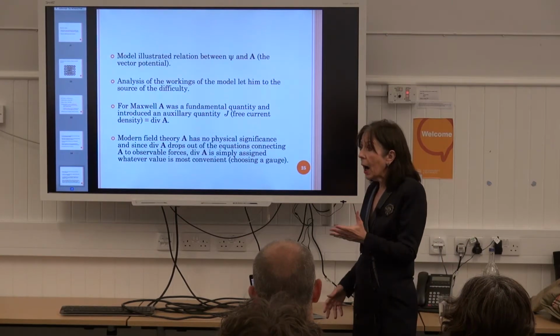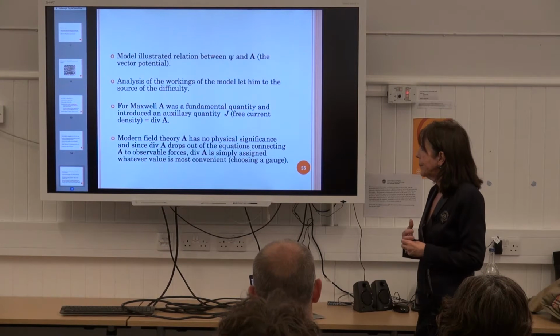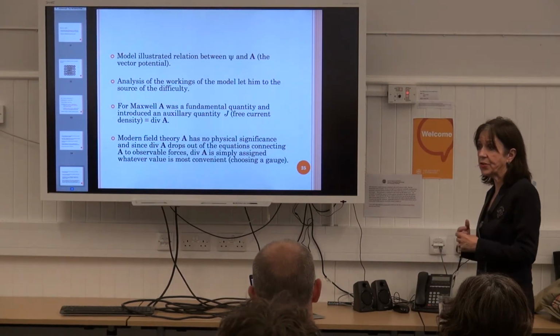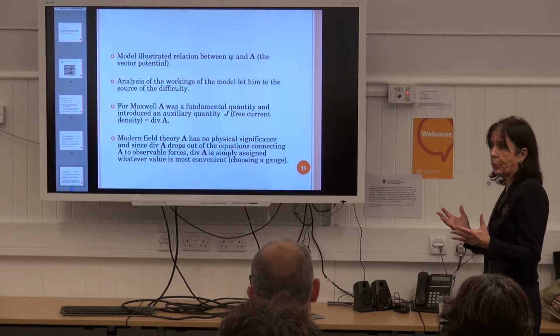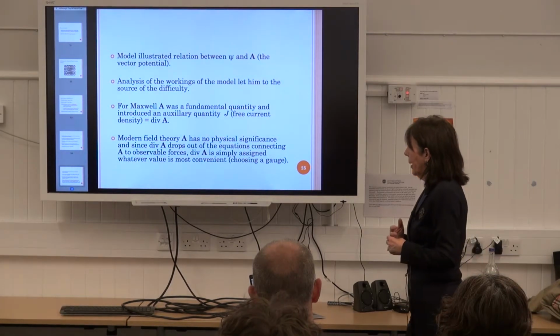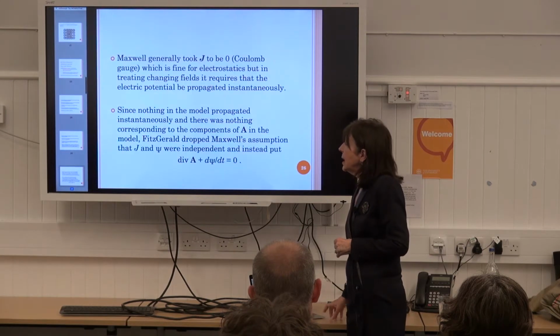But in modern field theory, or in field theory as it ought to be, the vector potential doesn't have any real physical significance since its divergence drops out, and it basically amounts to choosing a gauge. So it's just assigned whatever value is most convenient.